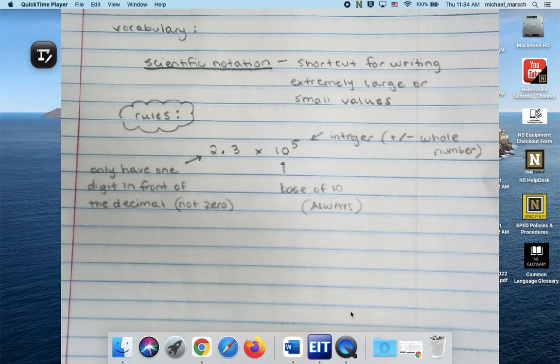If it's not, then it's not scientific notation. Remember, don't take any shortcuts on your notes. Next time you have a jam quiz, if you don't have all the information, you're going to not get that super easy A.